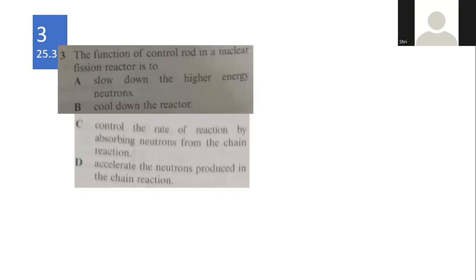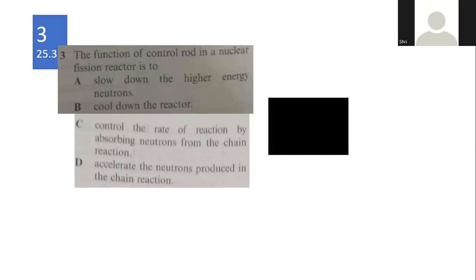Function of control rod in a nuclear reactor is to... C. Okay, control the rate of reaction by absorbing neutrons from the chain reaction.